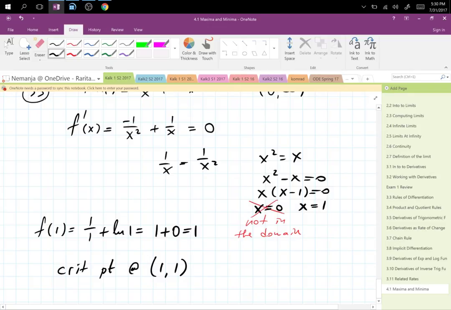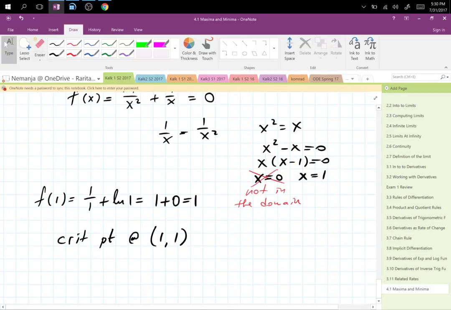And the value 0 was disqualified because even though we got it from calculation, the domain does not allow for 0 because of the vertical asymptote there. Now this critical point can be min, max, inflection, could be anything. And you can test.